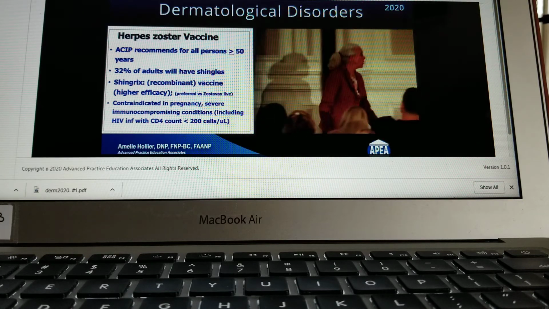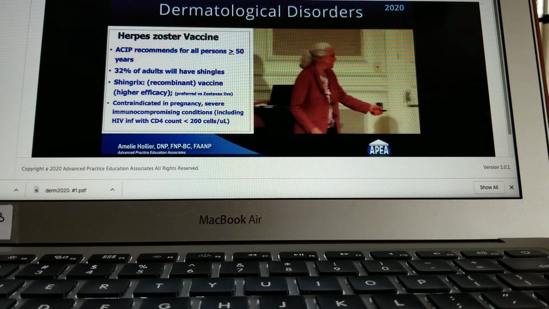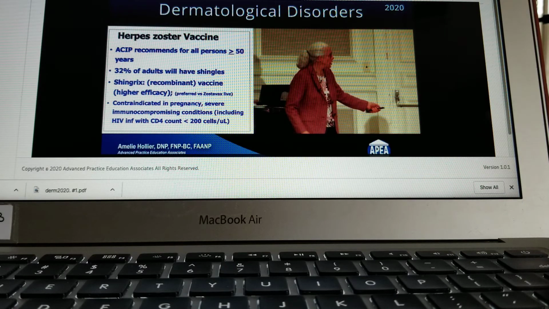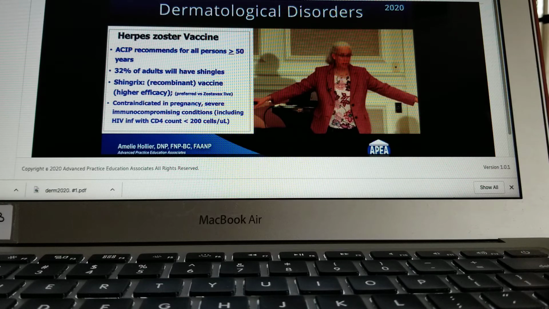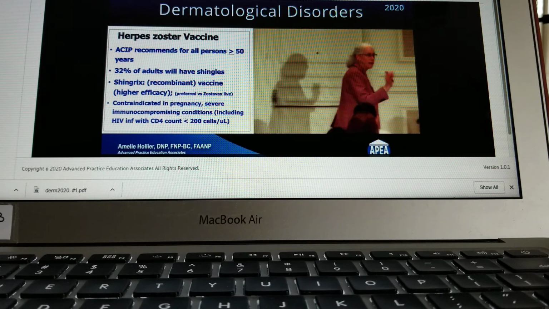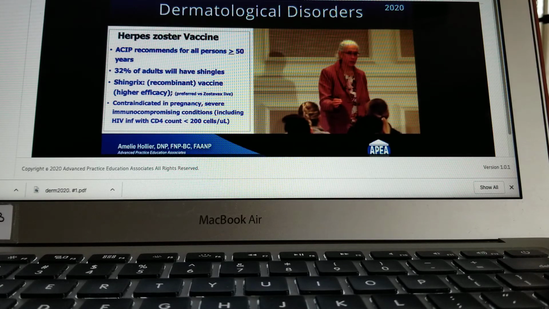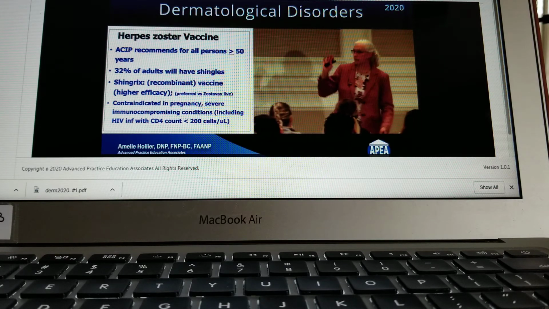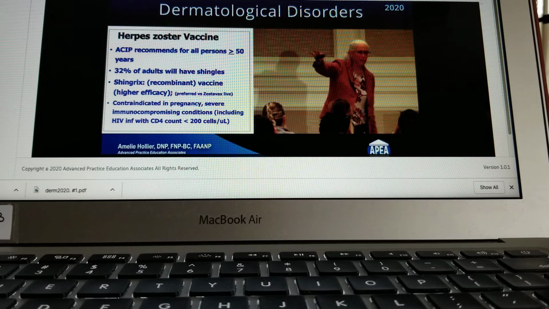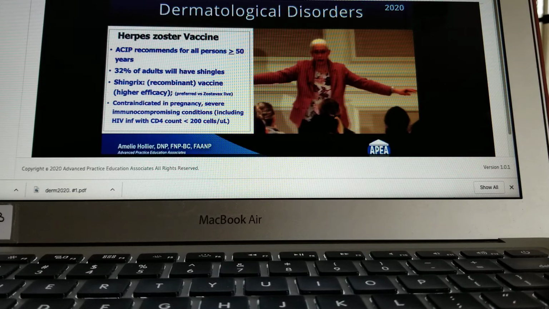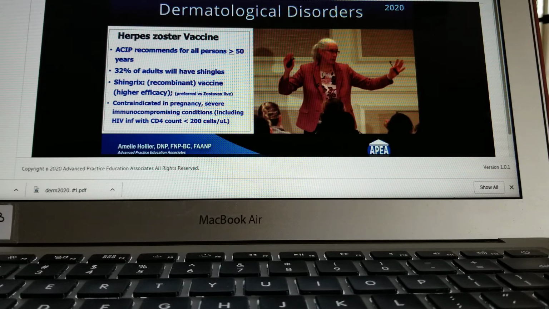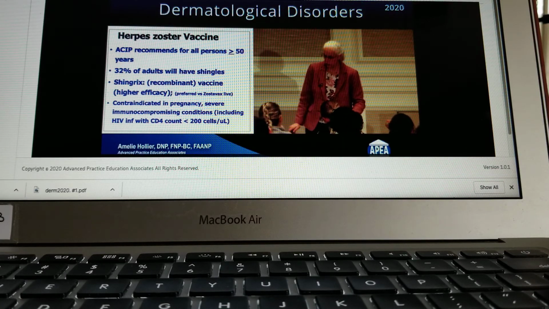The other thing I want you to know is that while Shingrix is completely dead, it's a completely dead immunization, we're not yet giving it to people who are immunocompromised. There's a big study that ACIP will probably release in about 18 months, and I've been following it. So it looks like it'll be appropriate for that population, but it is not now, all right? But Shingrix is a big deal when you talk about older adult immunizations.